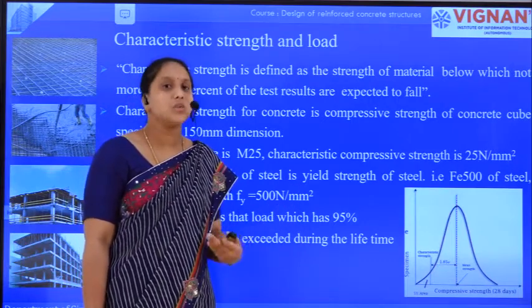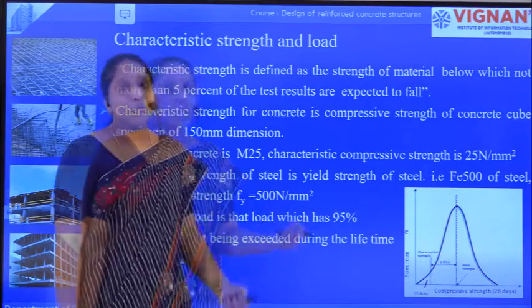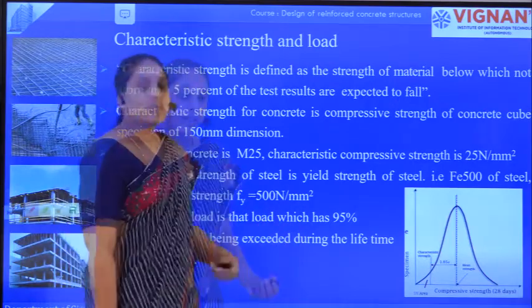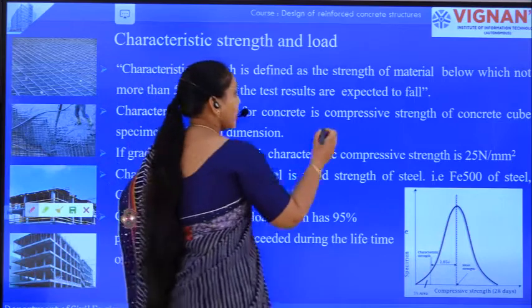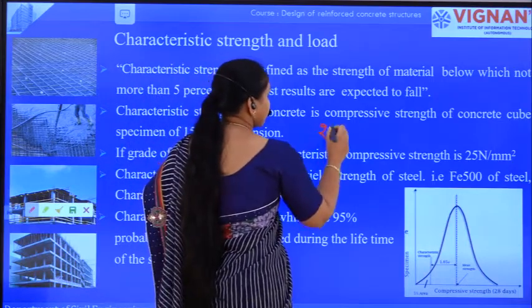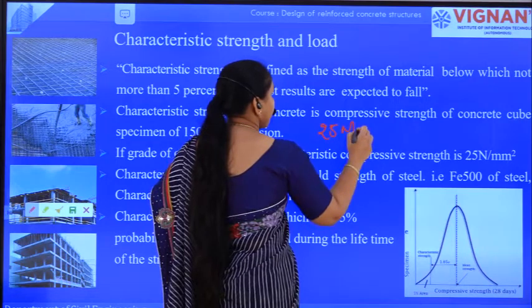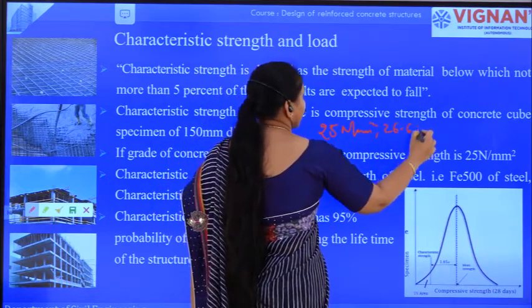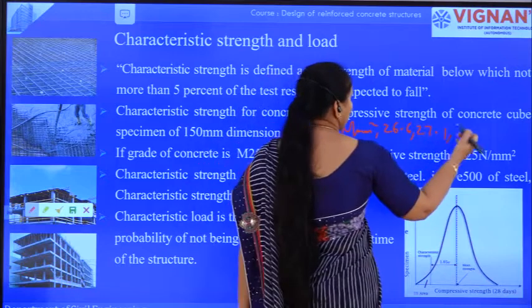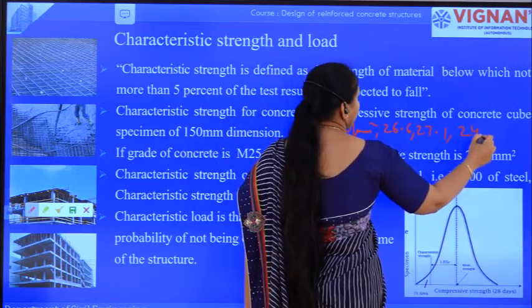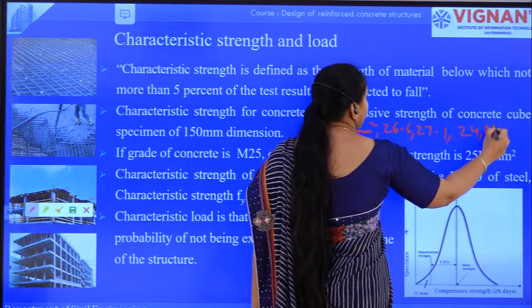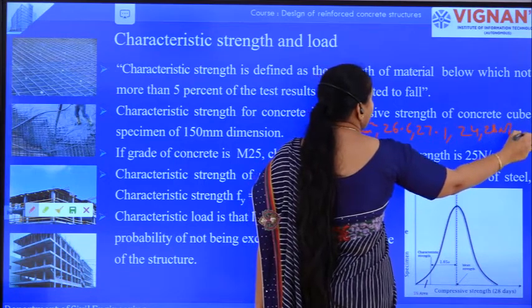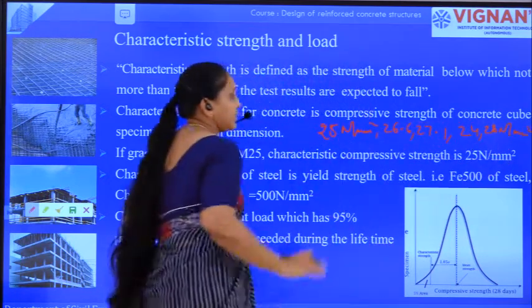So these are the values I have got after doing the compression testing on the cubes. Suppose I have got 25 Newton per mm square, in the similar way 26.6, 27.1 Newton per mm square, and some 24 and 28 Newton per mm square. These are the values I have got after testing.